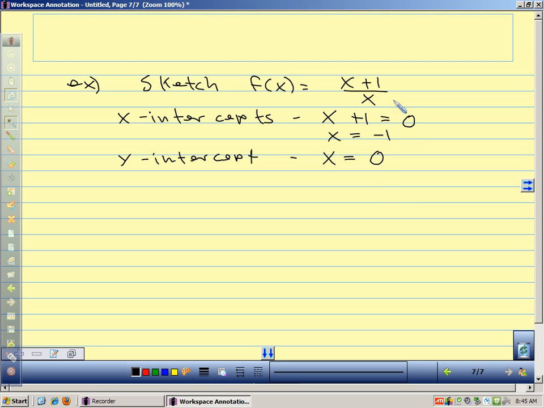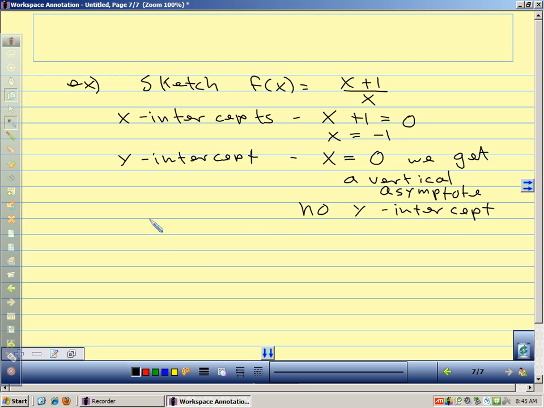The denominator equals 0. So what does that give us? An asymptote. So at x equals 0, we get an asymptote. So we have no y-intercept. Our graph is not going to cross the y-axis.